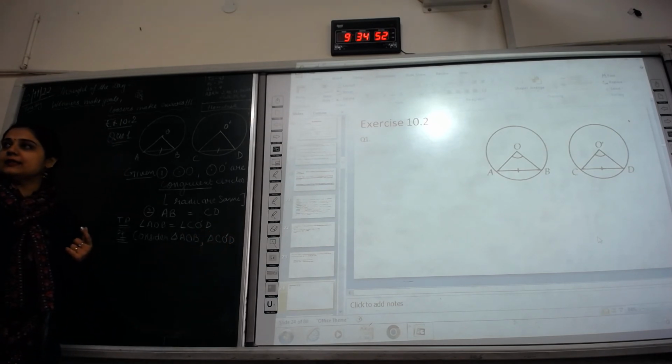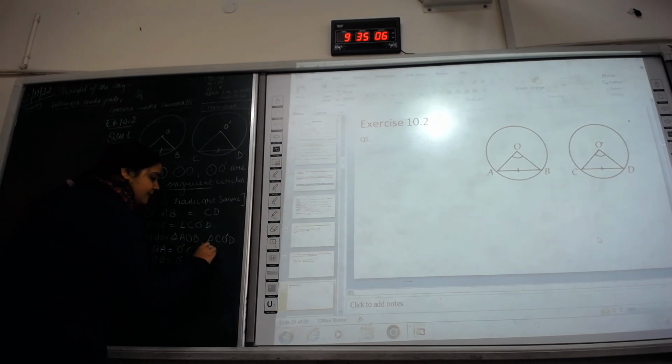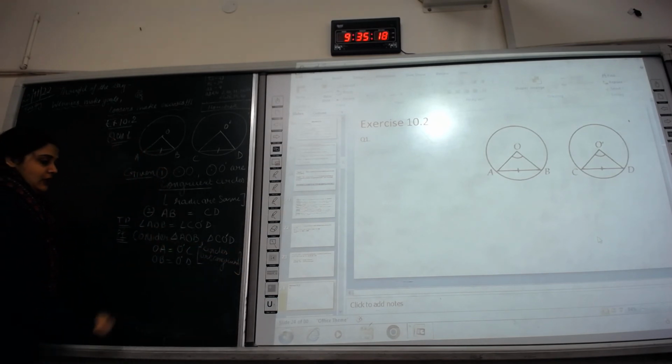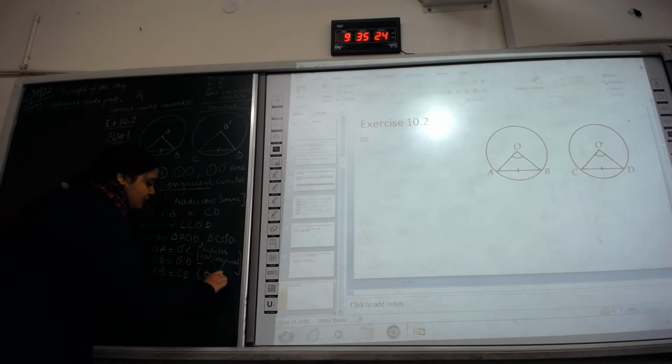These two triangles we considered. So what do we have? OA is equal to O dash C and OB is equal to O dash D. And the reason? Circles are congruent. Not same, congruent. And the third thing is AB is equal to CD, that is given to you.